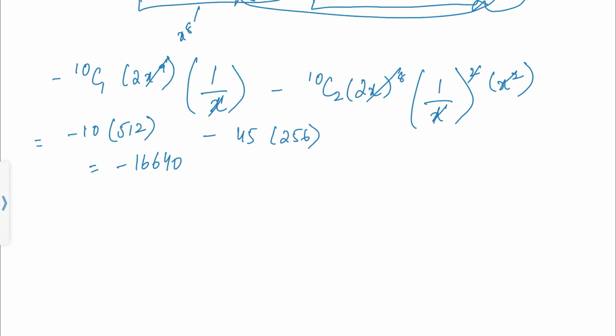Adding them both. First of all, multiplying 256 by 45 would give this answer as 11520. And this would be 5120. I think both of them would give us 16640. So this is our final and right answer.